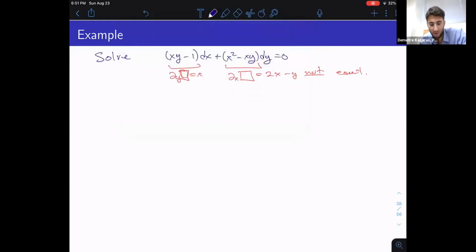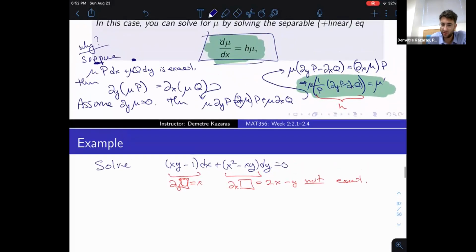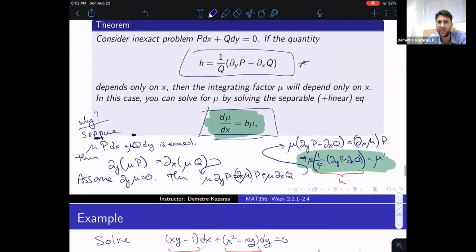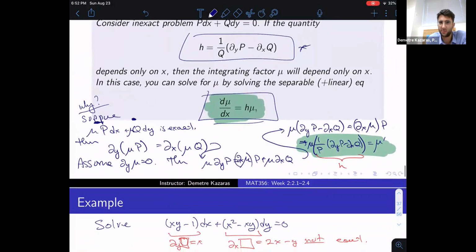Now, the best thing you can hope for is that it will be not so bad to try and find the integrating factor that makes this exact, the mu, so that when you multiply this left-hand side by mu, it becomes exact. Well, let's try and run through what we were just told, to think about this quantity h, the 1 over q times this business here.